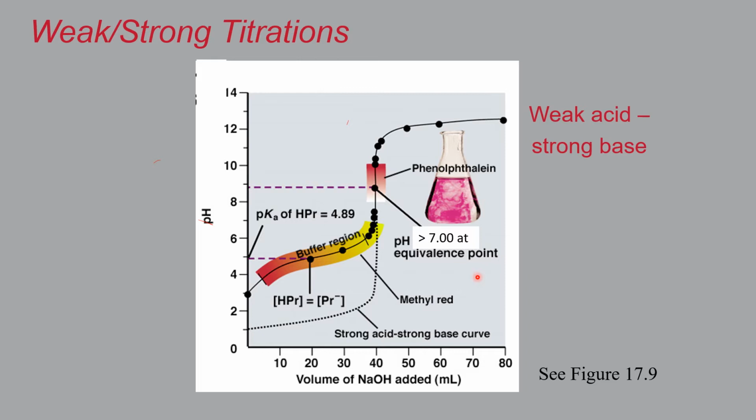Now, you might ask yourself, do I have to use a whole different set of indicators because your pH at the end point is a little higher than 7? And here's a dirty little secret. Phenolphthalein doesn't change color until the pH is about 8. But look at how sharply the curve is rising around the equivalence point, whether it's for the strong acid or the weak acid titration.